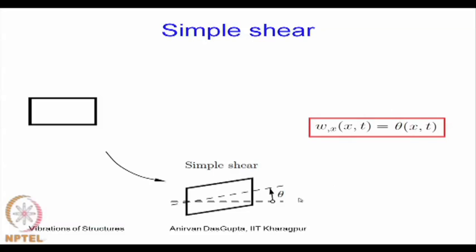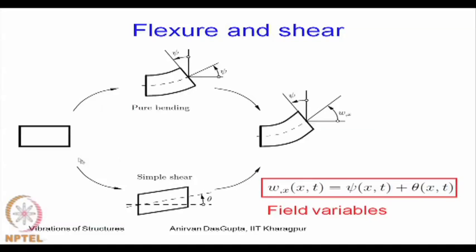Therefore, when we put these two things together, which means that a beam undergoes both flexure and shear, so it is under bending and shear, the total picture looks like this. This is the pure bending picture, this is the simple shear picture, and the net result is shown here. Because of the shear, the angle does not change.